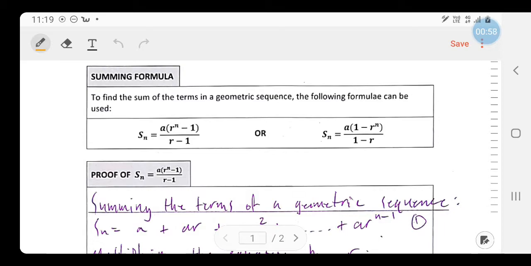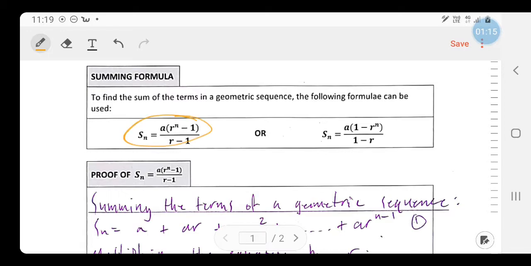To find the sum of the terms in a geometric sequence, the following formulae can be used. It's the same thing, one's just been organized a little bit differently, but just pick one of them and stick with it.